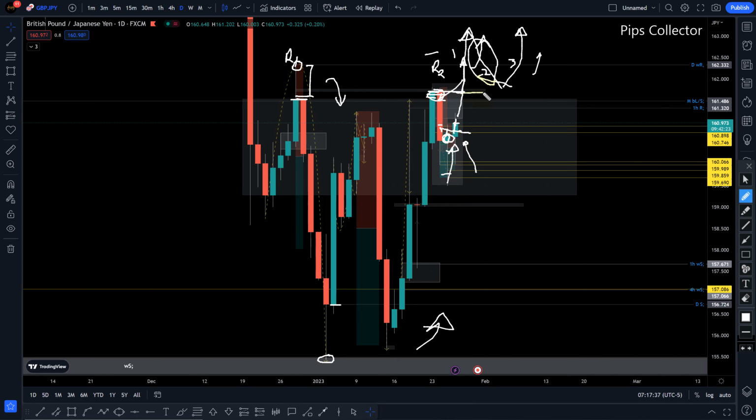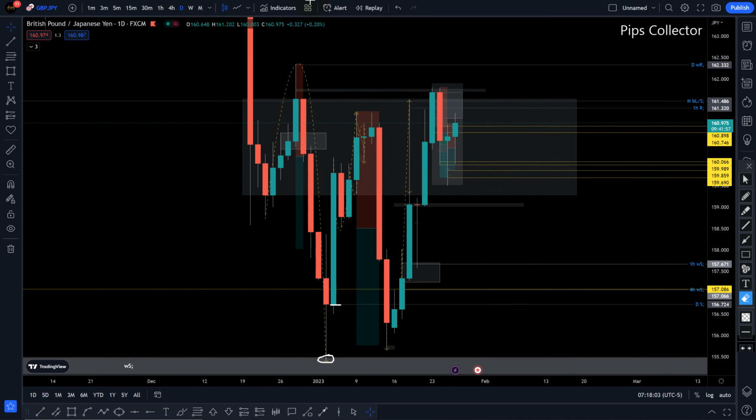This is a fringe zone, which is an anything-can-happen zone, also referred to as a money spot. Buyers could overpower sellers. In other vein, sellers could overpower buyers. So this is a zone to wait for either a break to the downside or a break to the upside. Okay, with that being said, this is for British pound, Japanese yen.